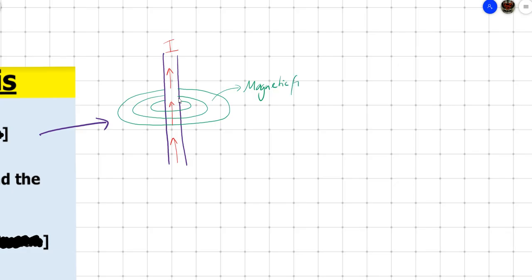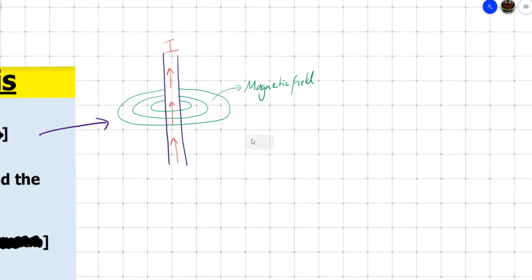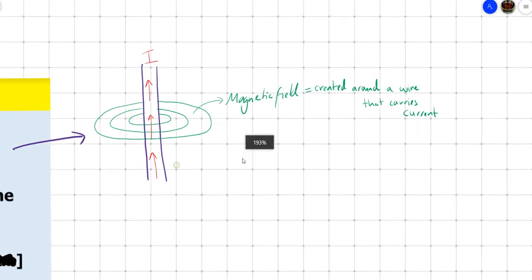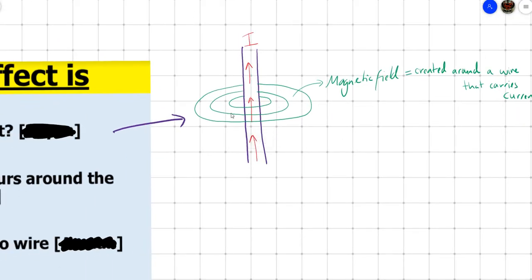So a magnetic field is created around a wire that carries current. You can see the pattern is circular.